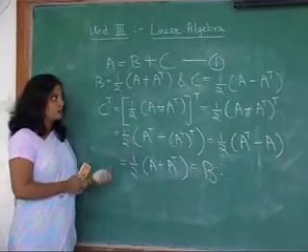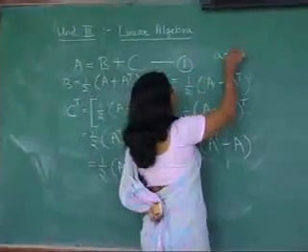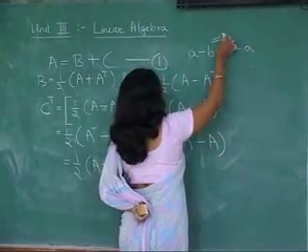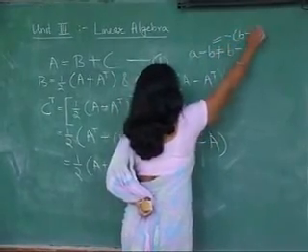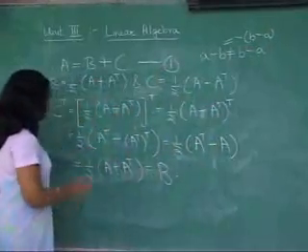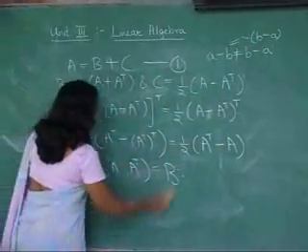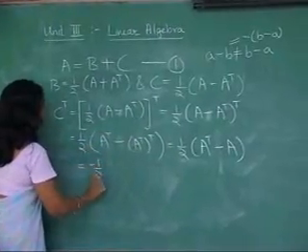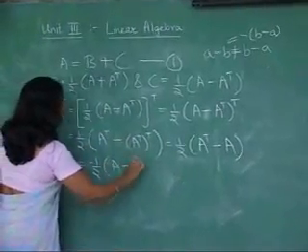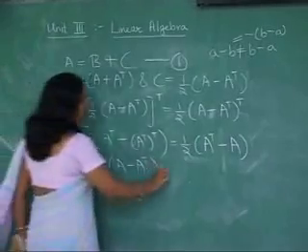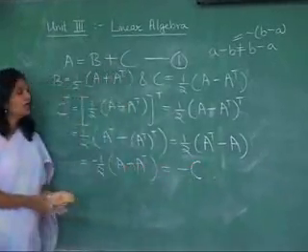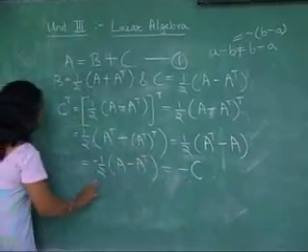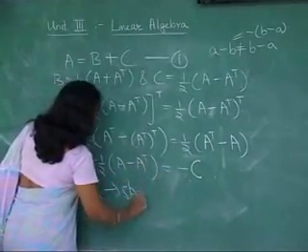Even for numbers, we know that A minus B is not the same as B minus A, but of course it is equal to minus of (B minus A). So I am going to use this property, and if I take the minus sign out, I will get plus (A minus A transpose). So that is equal to minus C. So for C transpose, I get minus C. That means C is skew symmetric.